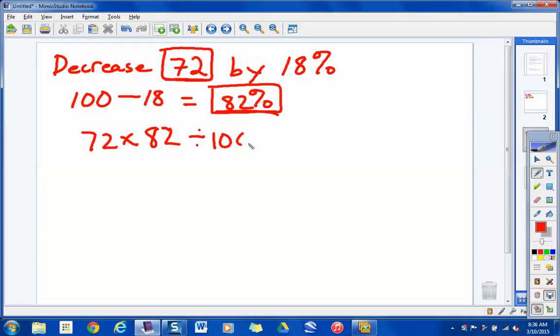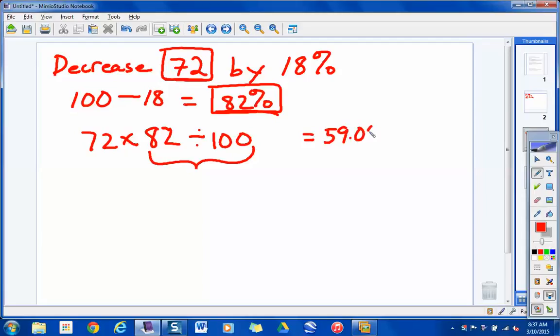This 82 divided by 100 part, isn't that really the 82% that we're using? It is, isn't it? Okay, who's got a calculator handy to punch that in for me quickly? 59.04.